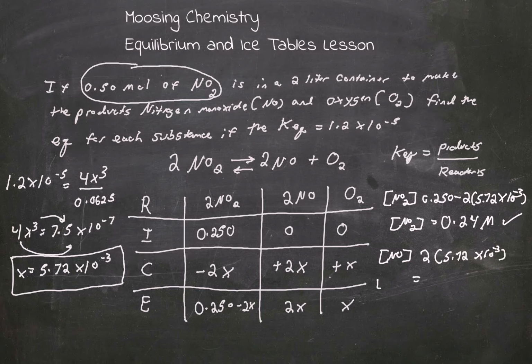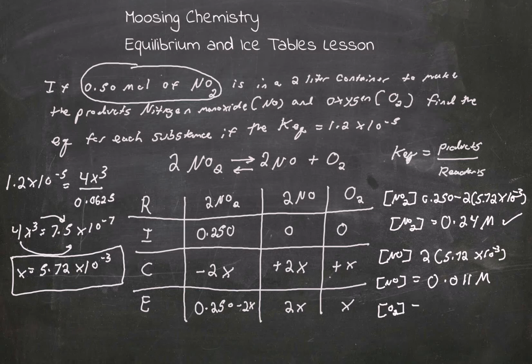And our NO value is going to be 0.011 M.